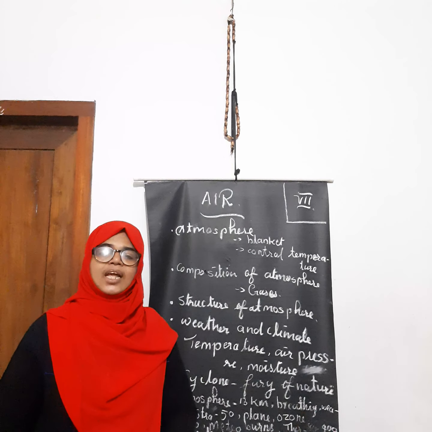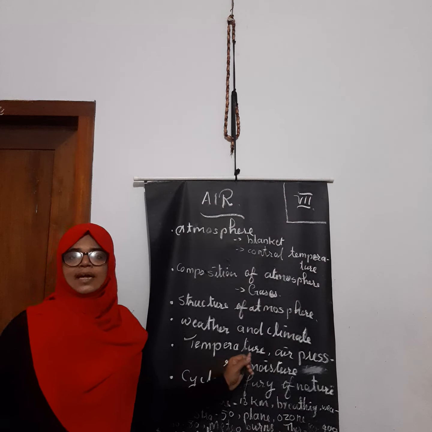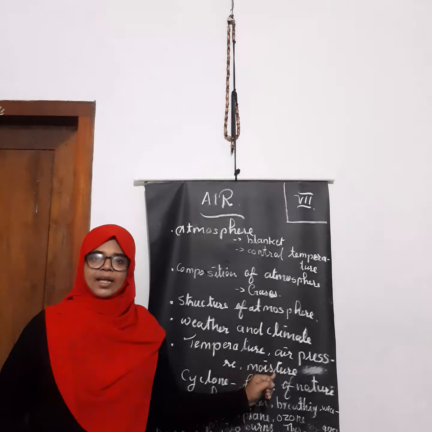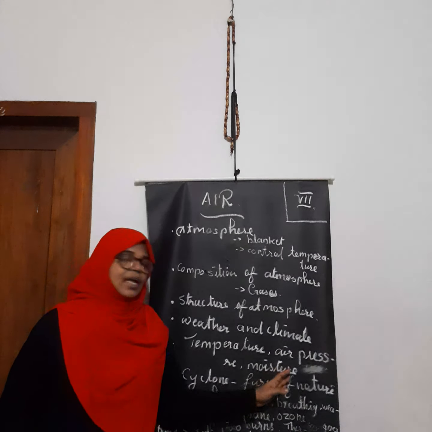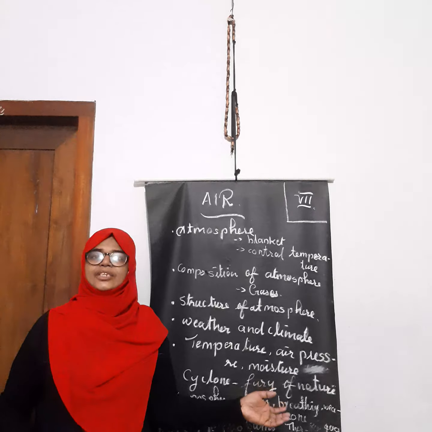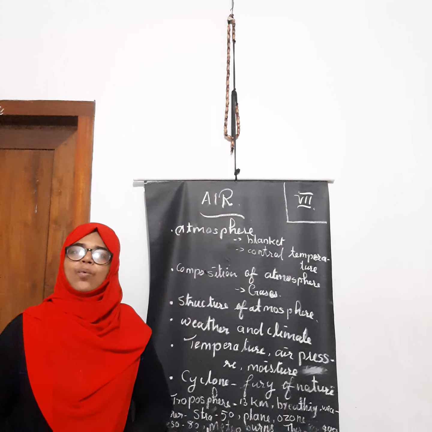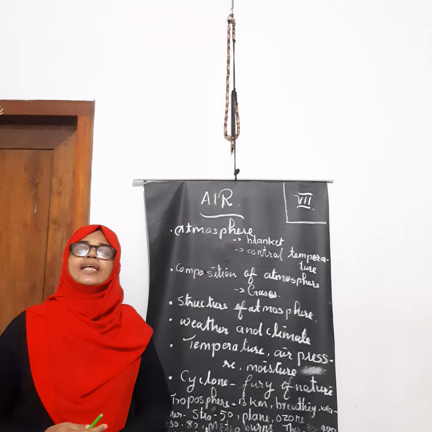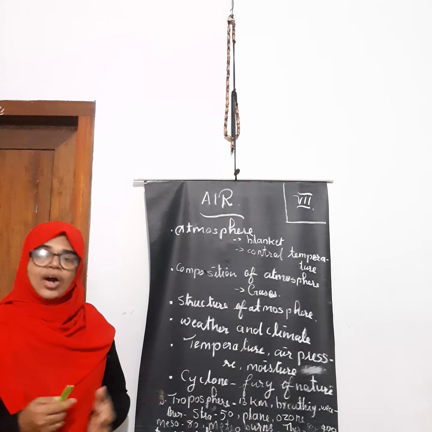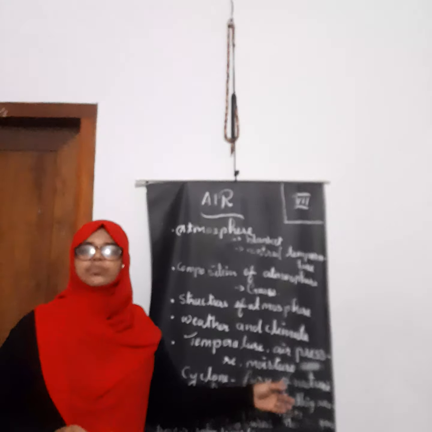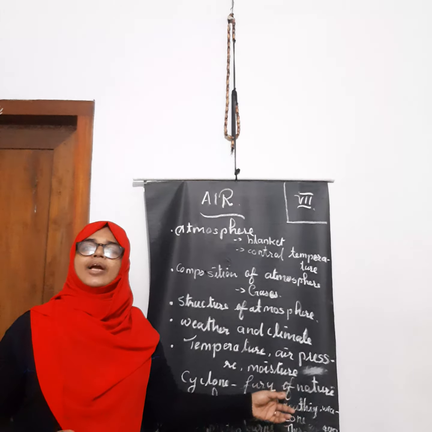What is the relation? When temperature is high, it will result in the pressure of the air becoming low. And the content of water in the atmosphere, that is moisture, also becomes very low.